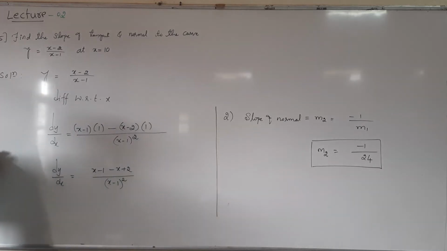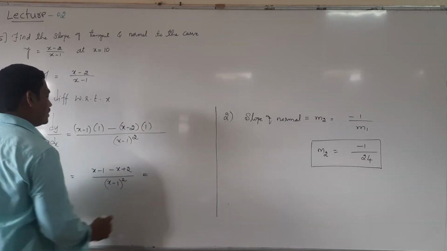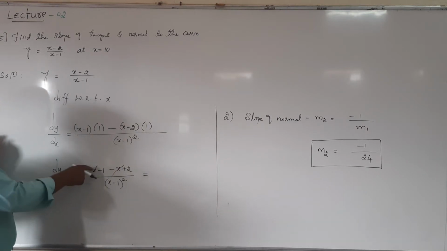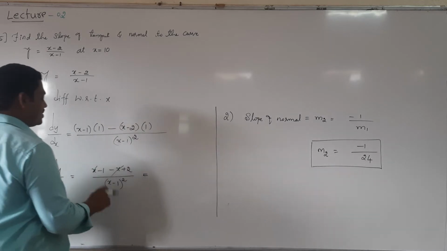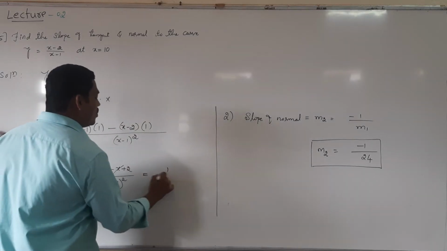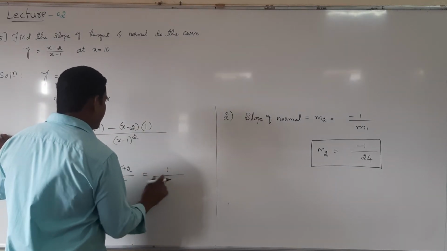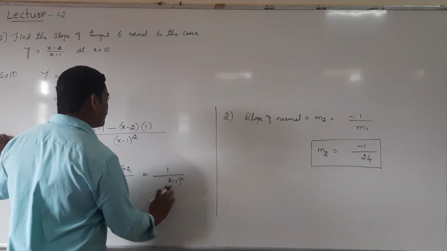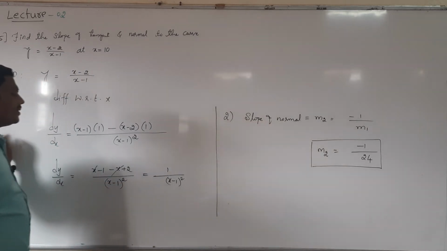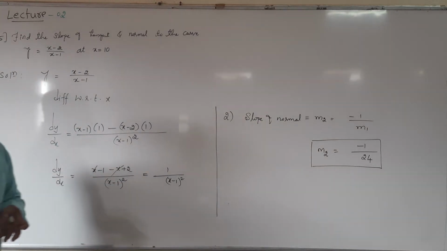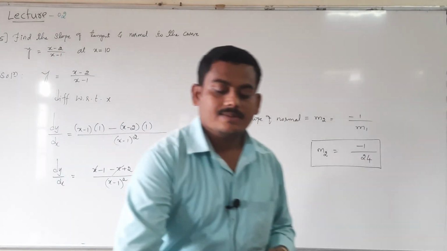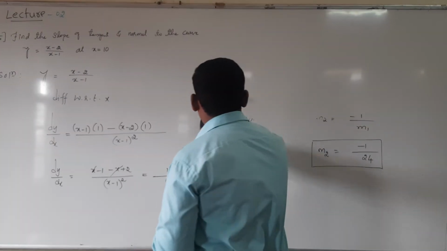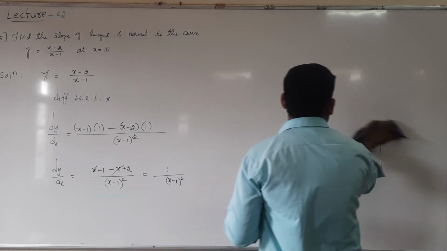The x gets cancelled, plus x minus x gets cancelled, minus 1 plus 2 is 1 only. So 1 divided by x minus 1 whole square. This is our dy by dx. Now our requirement is to find the slope of the tangent and the slope of the normal, right?